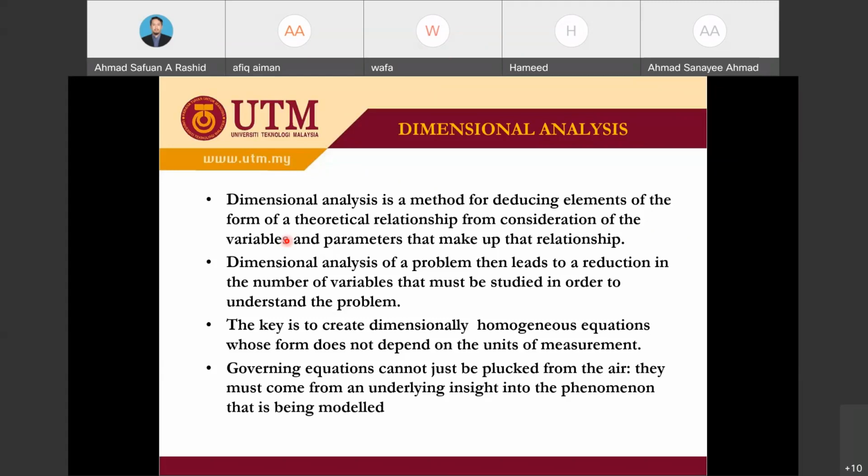They must come from an underlying insight into the phenomenon that is being modeled. So we need to refer to any reference or any theoretical part, because we want to make use of all of the parameters that have been listed based on the theoretical part, to be included in this dimensional analysis approach.